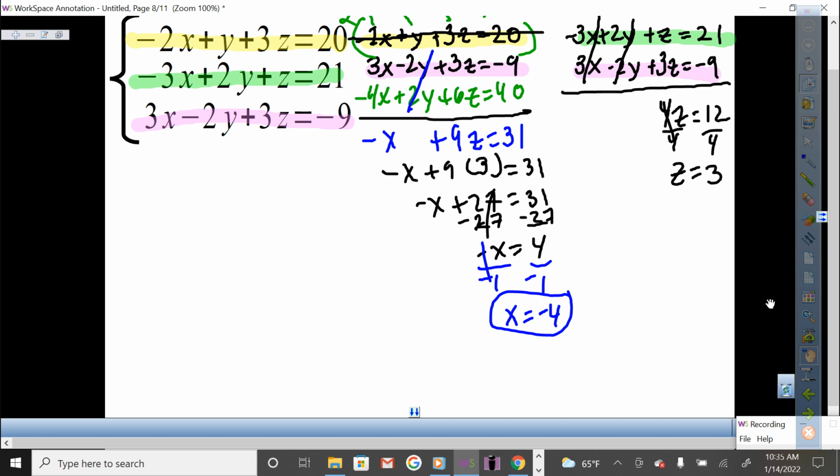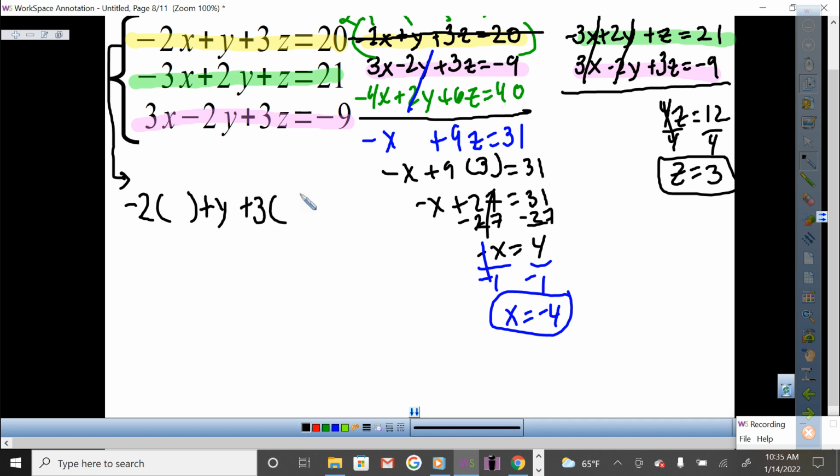Fatima, what do you do? You substitute into one of the equations. Alright, so which one, guys? The first one? Okay. All of them have 3 variables, so let's use the first one. We got negative 2 parentheses for x plus y plus 3 parentheses for z equals 20.